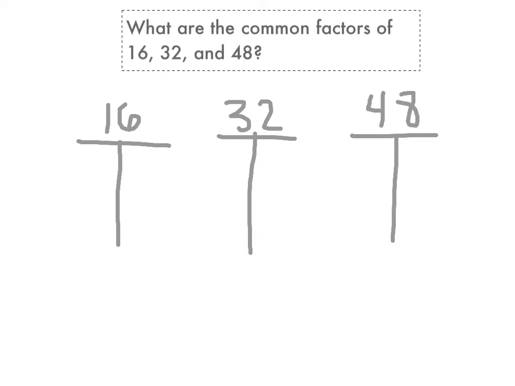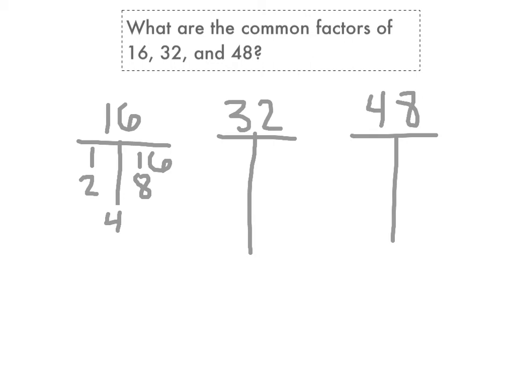Okay. I know 1 and 16. I can use my divisibility rules and see that it ends in a 6, so that means it's an even number, so I can divide by 2 and get 8. Can't do 3, but I can do 4. I'm actually going to cut off the end here and do 4 times 4 is 16.